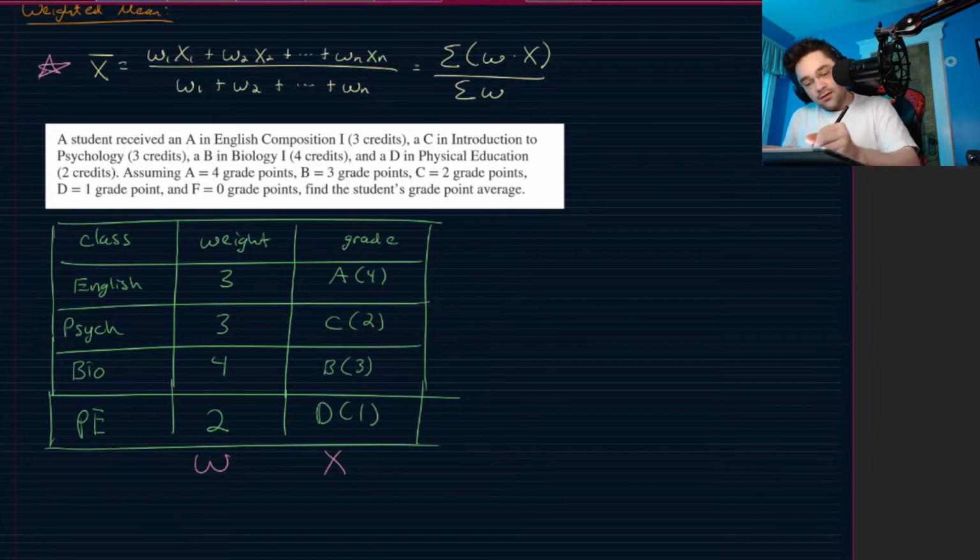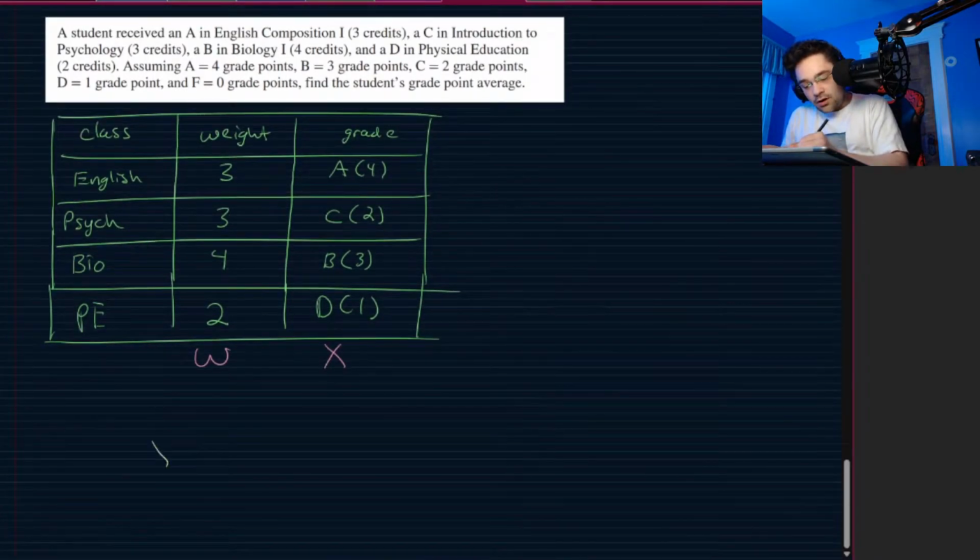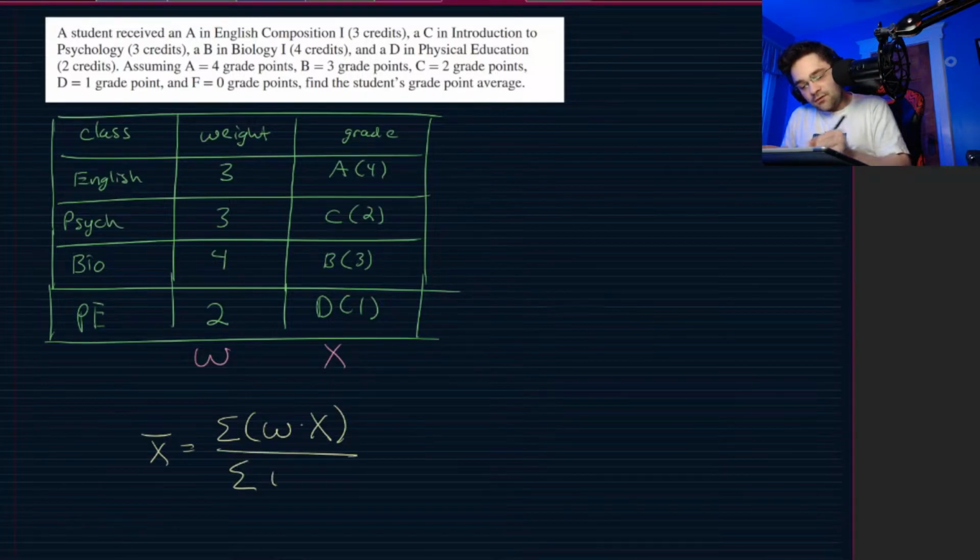So the mean, which is, well, actually, we want a couple more columns here. Remember, it's the sum of the weights times the data value over the sum of the weights.